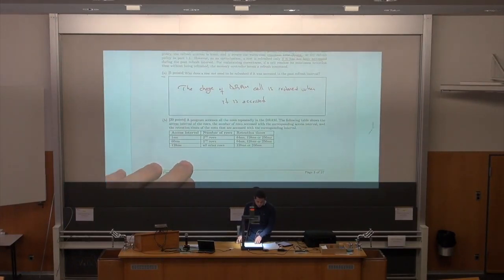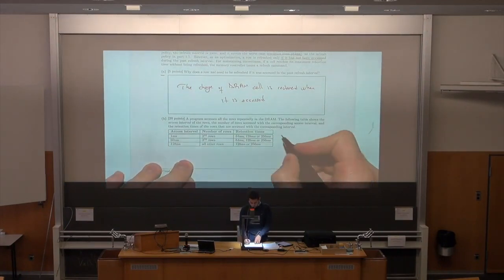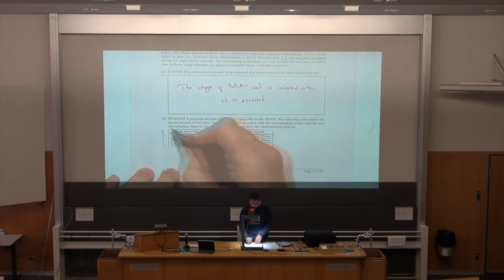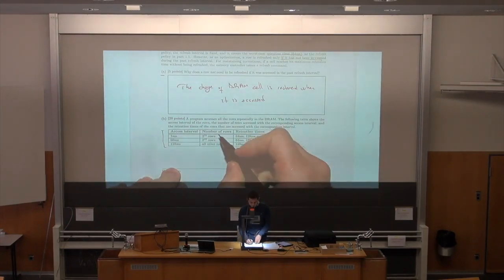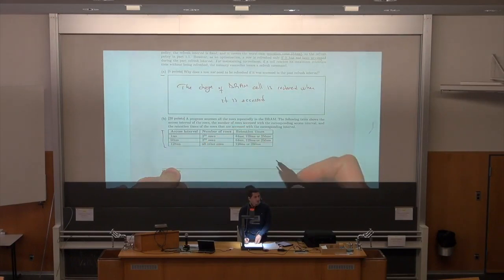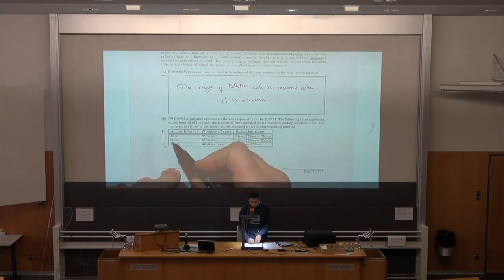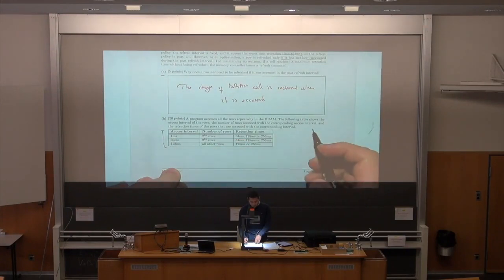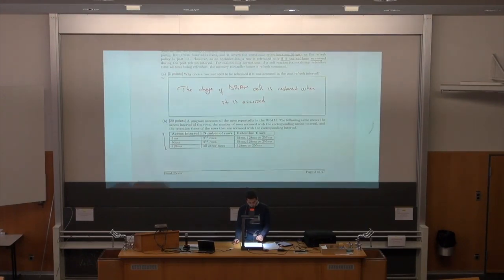So for the second one, we are given a program that accesses the rows in this fashion. Basically, for that many rows, it accesses each 1 millisecond. For that many rows, it accesses each 60 milliseconds, and for the rest of them, it accesses each 128 milliseconds.